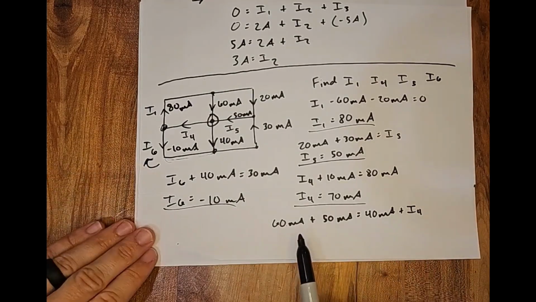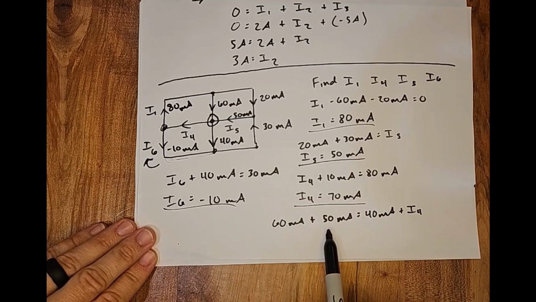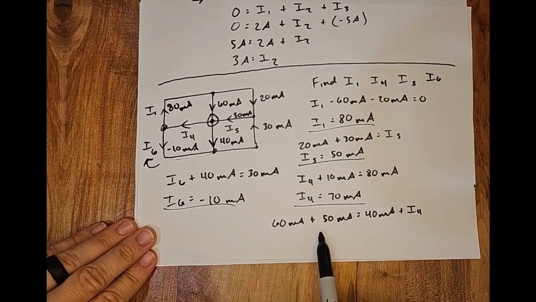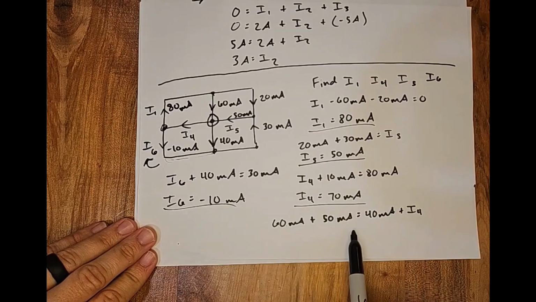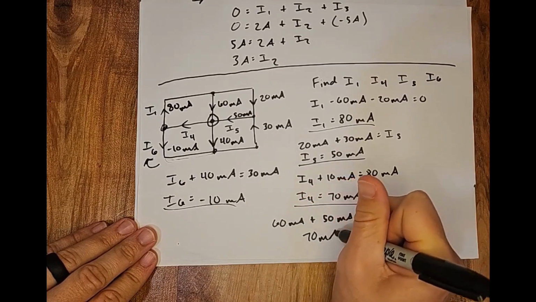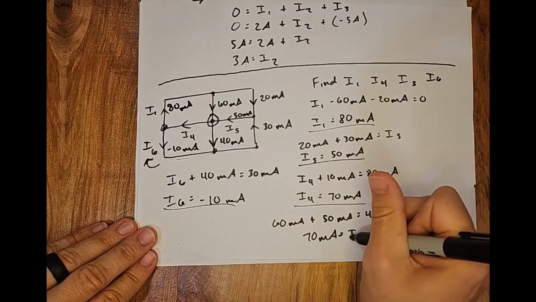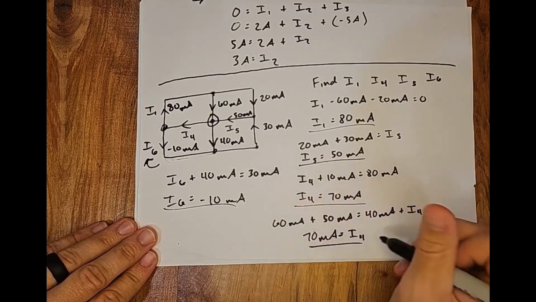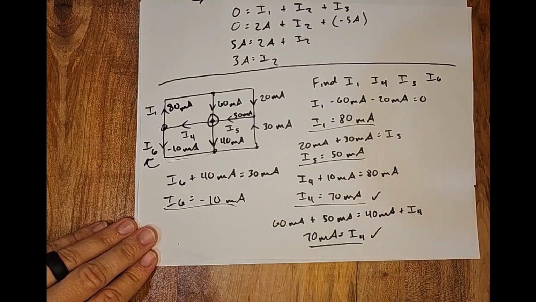So let's do some math. 60 plus 50, that is 110. 110 minus 40, when you subtract that over, just solving for I4, is going to equal 70. So 70 milliamps equals I4. Yep, they're the same.